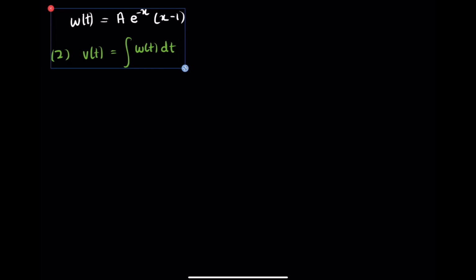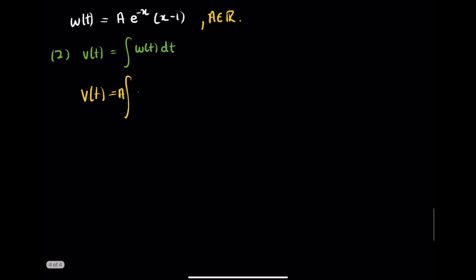So v(t) is equal to the integral of, I'm going to bring this a out because a is a constant, a an element of the reals. And then e to the minus x, x minus 1, and this is in terms of t, and I'm going to change this.